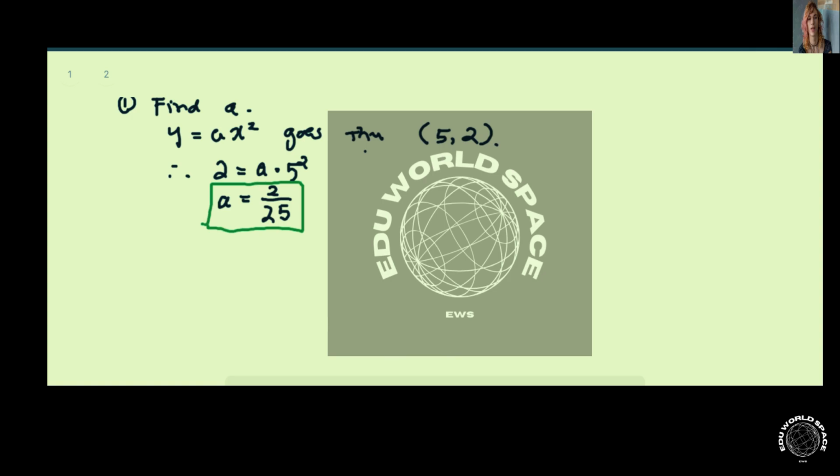So next, part 2. Find the surface area obtained by rotating.